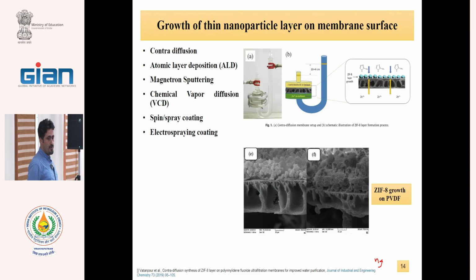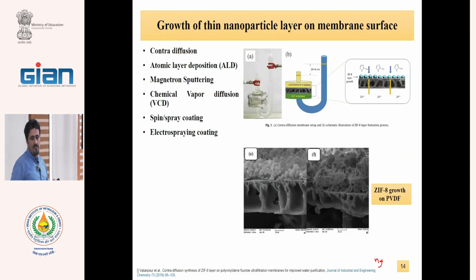Yes. In CVD, chemical vapor deposition, we have a flow of gas, and in the flow of gas, two monomers or two reagents can come, and on the surface of the support these two react and prepare a thin layer.